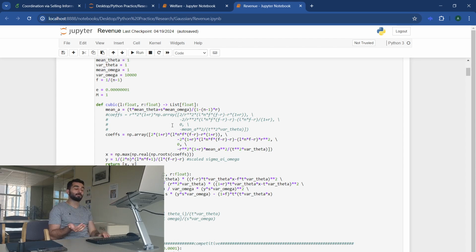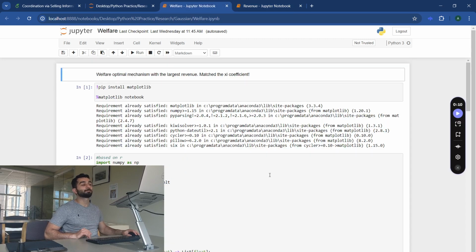Now for welfare it is actually a simpler curve. We already have the formula. We do not need to solve anything. So let's do it.